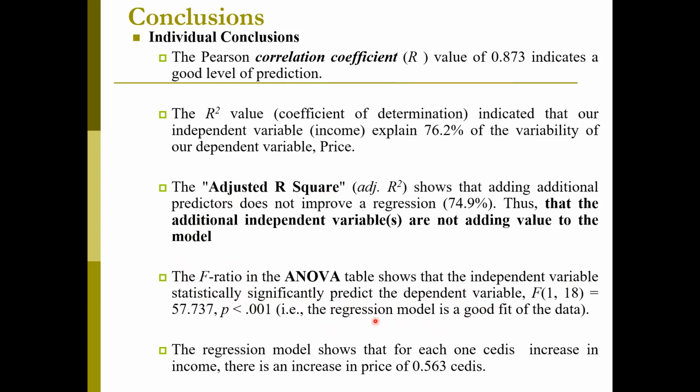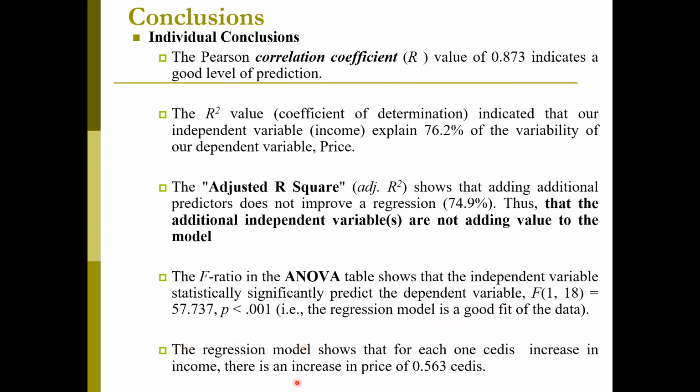Hence, the regression model is a good fit for the data. I repeat, the F ratio shows that the independent variable statistically significantly predicts the dependent variable since it is significant. Hence, we say that the regression model is a good fit for the data.